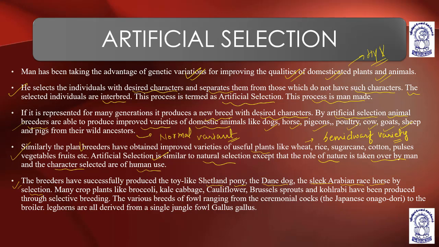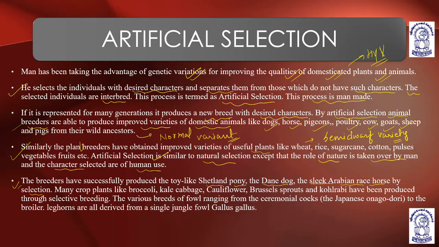Many crop plants like broccoli, kale, cabbage, cauliflower, Brussels sprouts, and kohlrabi have been produced through selective breeding. So that is known as what? Artificial selection. According to the need, the varieties are improved. So that is why it is known as what?